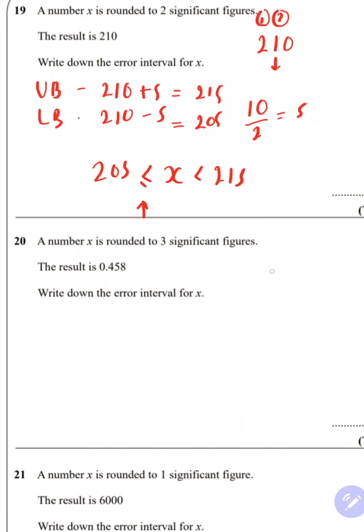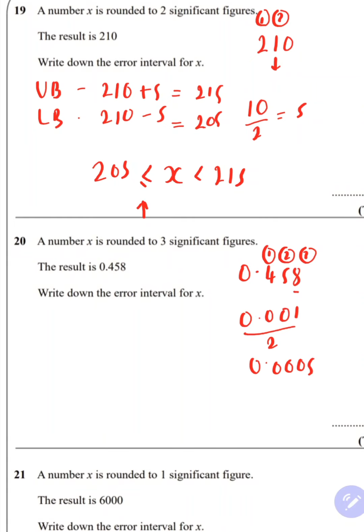Let's do the next one here. So we've got 0.458. Okay, so 0.458 to three significant figures. So that's our first significant figure, that's our second significant figure, that's our third significant figure. So we take 0.001, we divide it by 2, we get 0.0005.